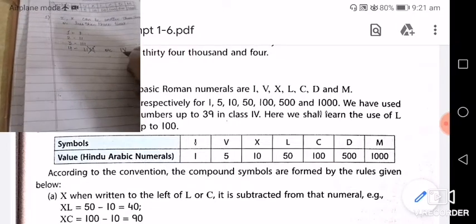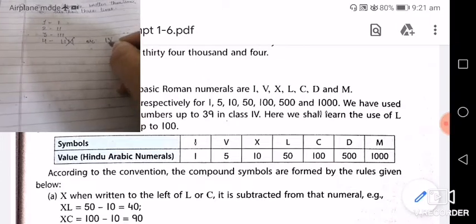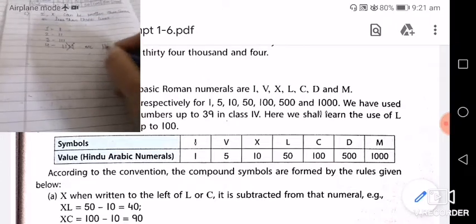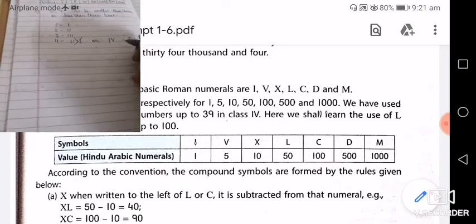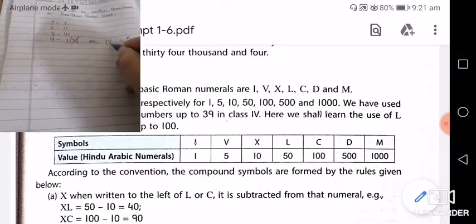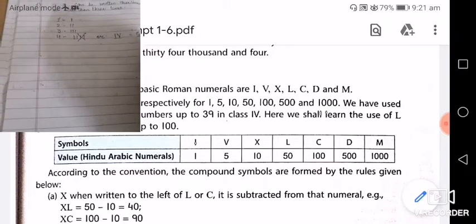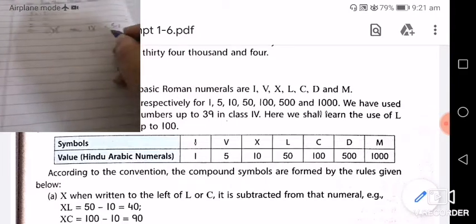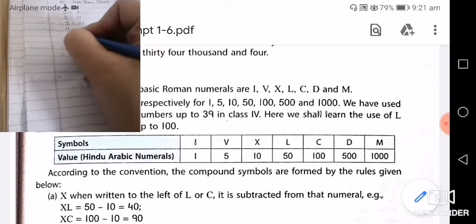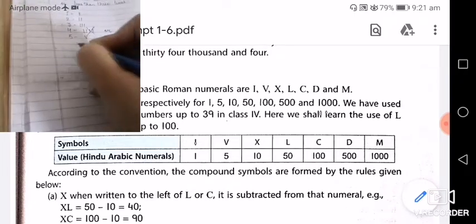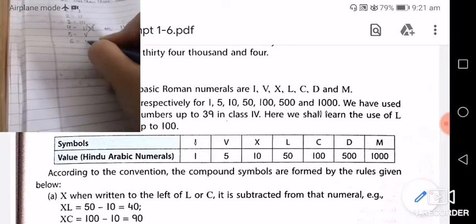When we are writing any Roman numeral before any Roman numeral, it means you have to subtract that number from that given number. So, here I am subtracting 1 from 5. So, this will become 4. Similarly, after 5, the symbol for 5 is V, we are going to add.